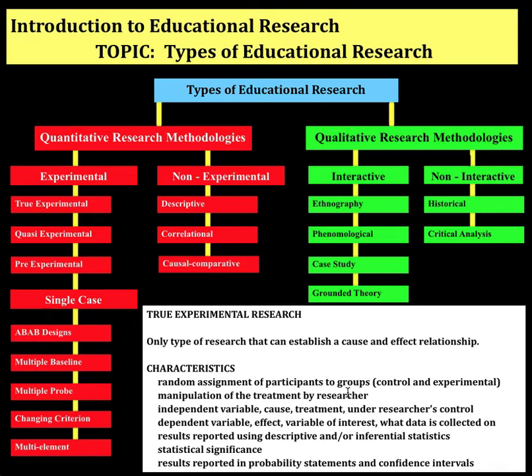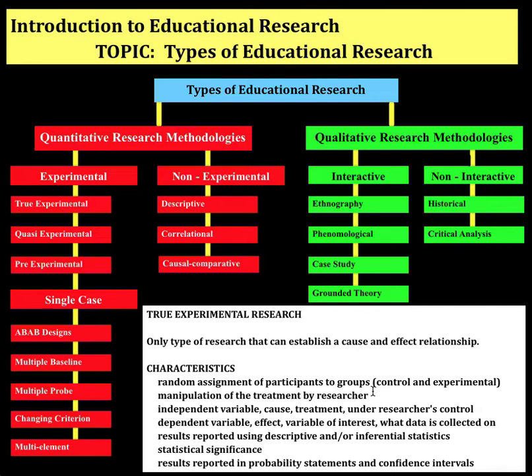That means that every individual has exactly the same chance or probability of being assigned to the control group or the experimental group. That's extremely, extremely important in true experimental research. The other major identifying characteristic is the researcher has control over manipulating the treatment, or what's referred to as the independent variable. And don't worry about the terminology.